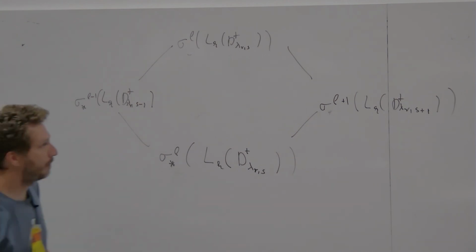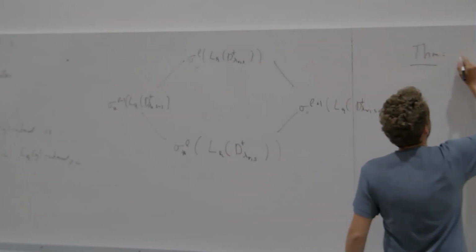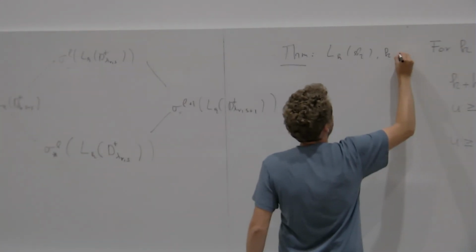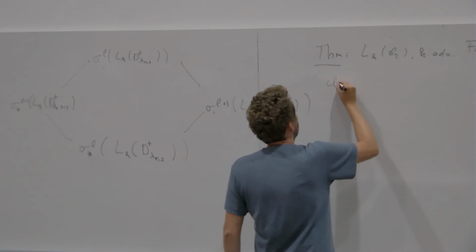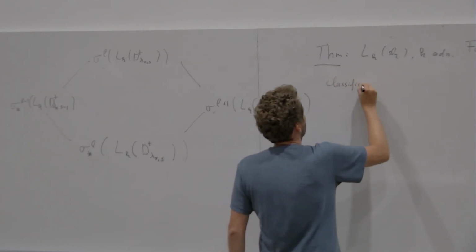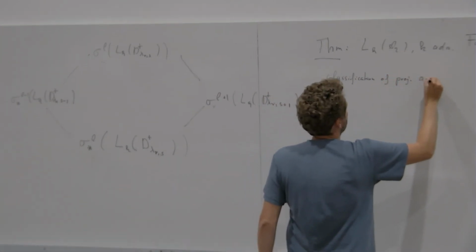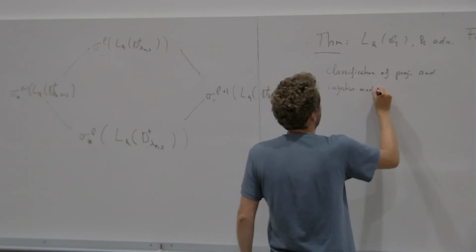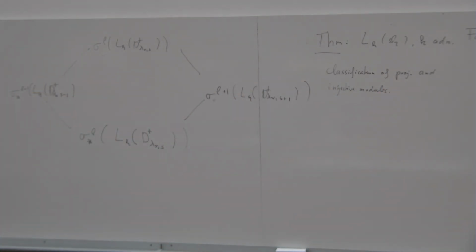So this means, let me write this down, for SL2 level being admissible, exactly like here, there's a classification of projective modules, projective and injective modules. And the category of modules is generically semi-simple, meaning the generic projective module is a simple module, but you also have these kind of nice ones.